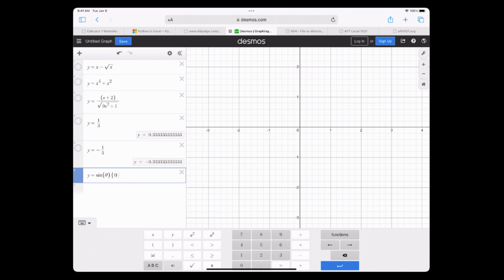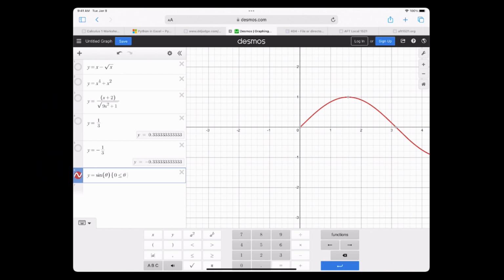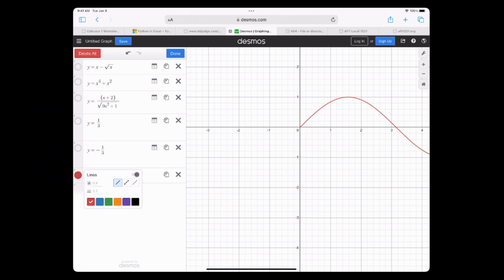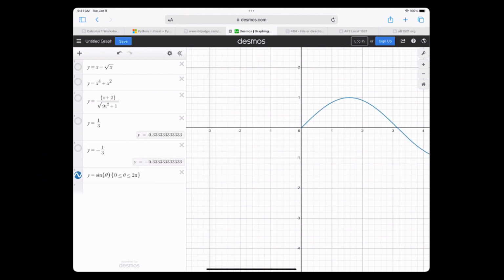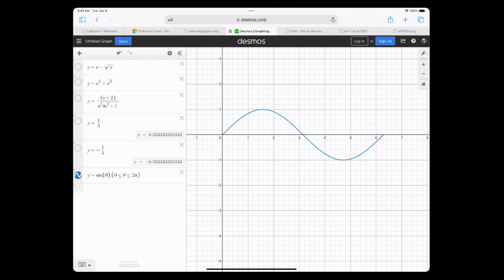This is a restricted domain from 0 to 2 pi. So here's something you can think about.